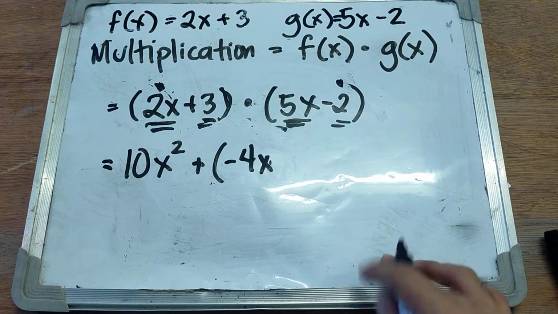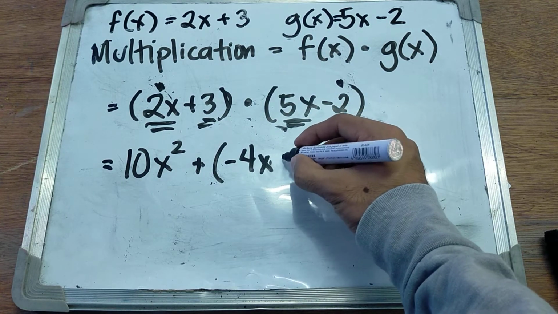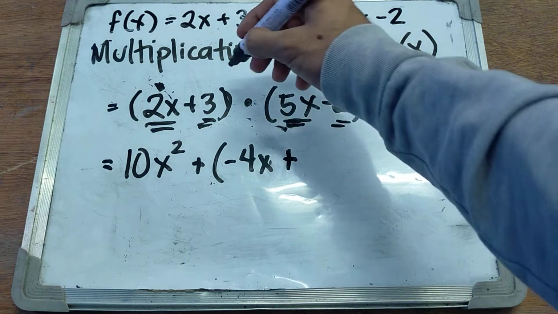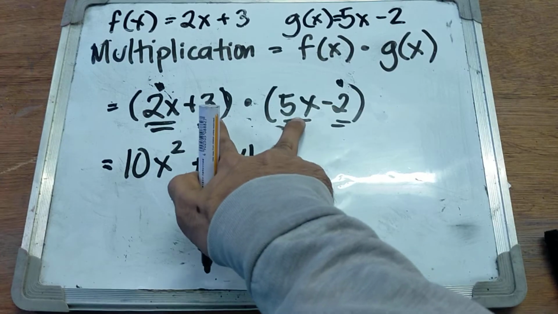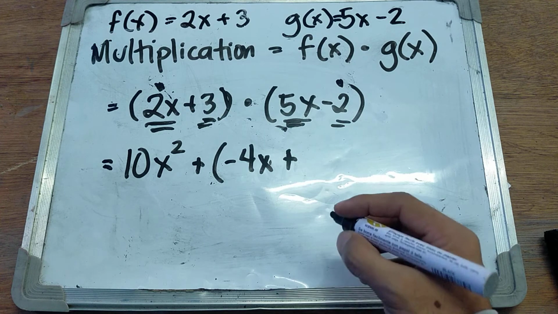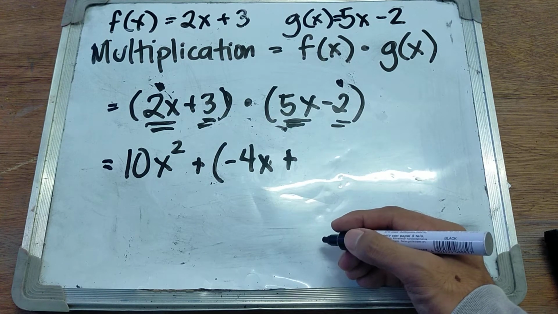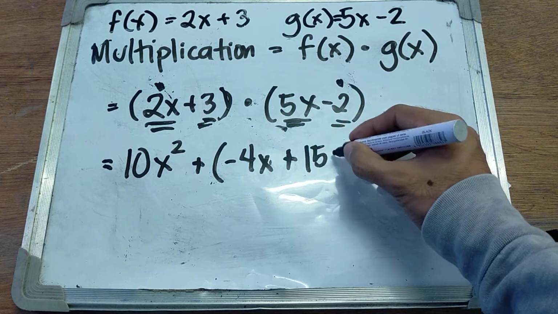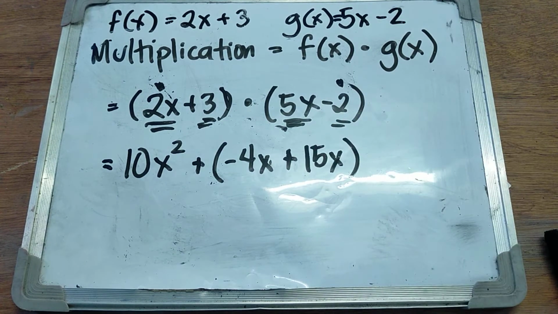Okay? So, tapos na tayo sa outer. Let's have the letter I, which is the inner. Okay? So, we are going to apply the closest terms, which is positive 3 and positive 5x. So, positive 3 times positive 5x, we have 15x. Okay?